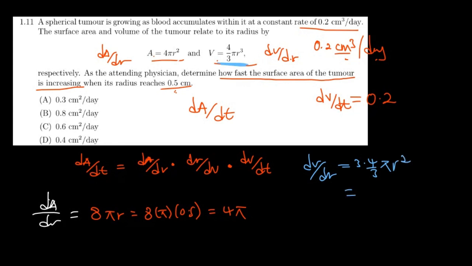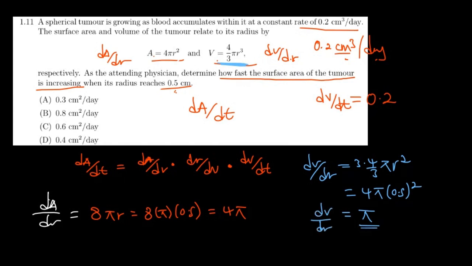So here I'll just get 4 pi and then 0.5 squared. So what does that give? 0.5 squared gives 0.25, and then 0.25 multiplied by 4 will just be 1. So this gives me pi, actually. So this is my dV dr.